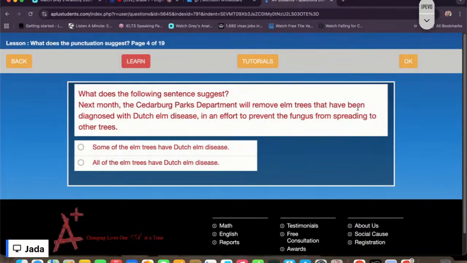Next month, the Cedar Box Park department will remove elm trees that have been diagnosed with Dutch elm disease in an effort to prevent the fungus from spreading to other trees.